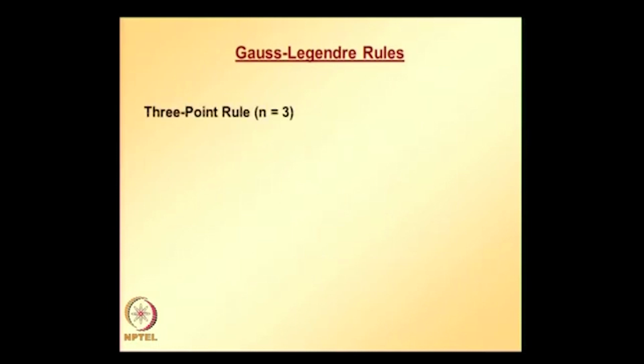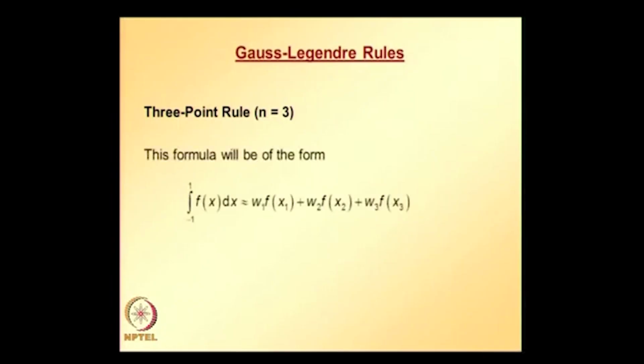So, now let us see the 3-point Gauss-Legendre rule, that is n is equal to 3. The integral from minus 1 to 1 of f(x) dx is approximated as the function evaluated at 3 points x1, x2, x3 multiplied with corresponding weights w1, w2, w3 and summed up. So, this is how we can approximate this integral.